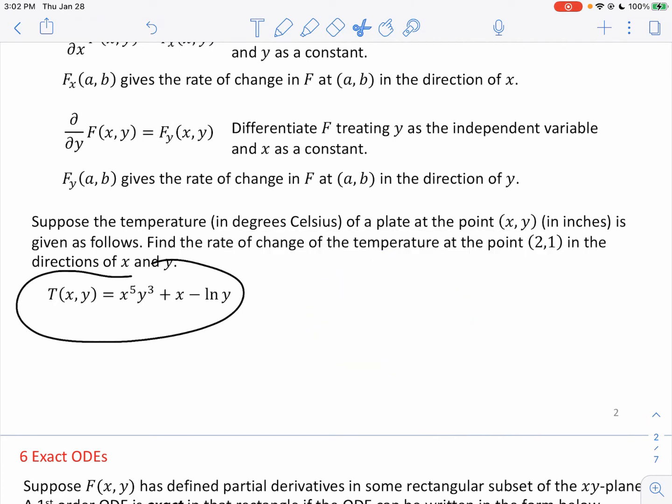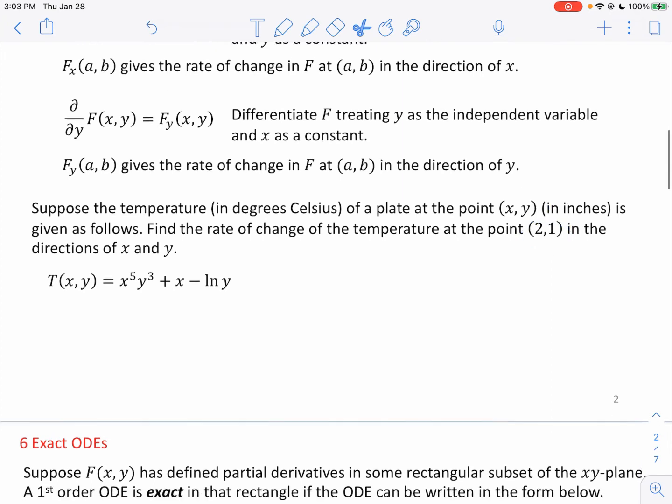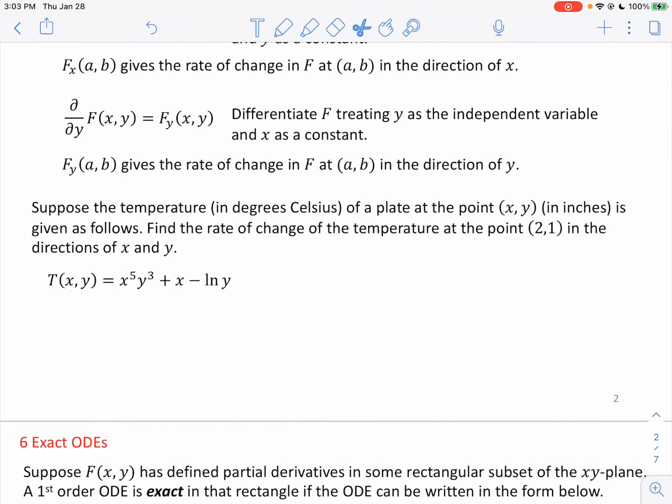And we're going to say how the temperature is changing at the point (2, 1) in various directions. Like maybe if you're sitting on the plate at the point (2, 1) and you head off in the x direction, maybe the temperature will drop if you go that direction. But maybe if you go in the y direction, the temperature will rise. So the partial derivatives are how we determine those rates of change in the two different directions.